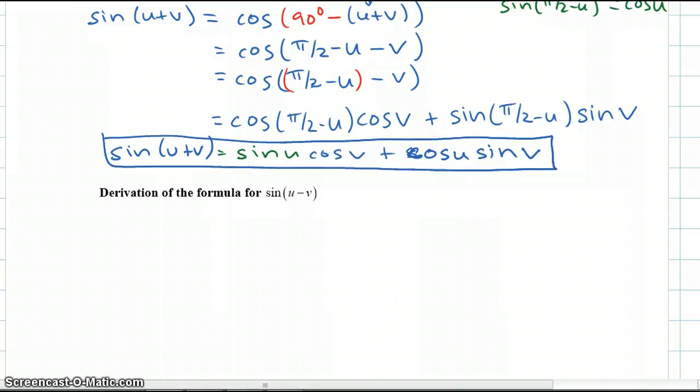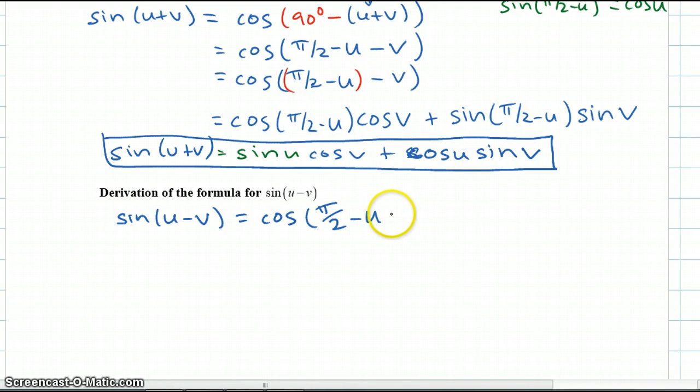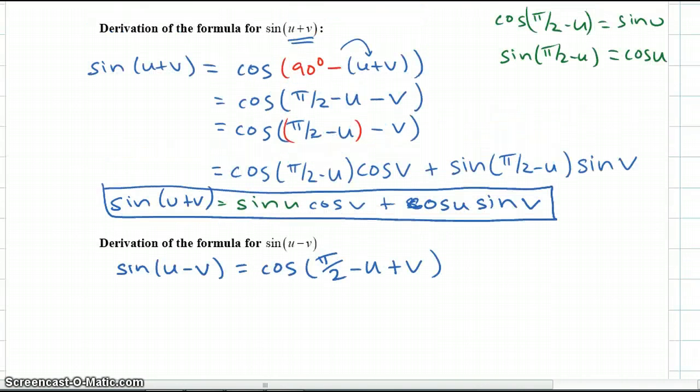We can do the exact same thing for the sine of u minus v. We can use cofunctions, so that's equal to the cosine of pi over 2 minus u plus v. If I distribute it through, I'll write cosine of pi over 2 minus u minus v.